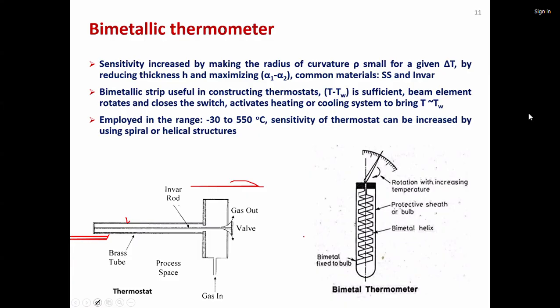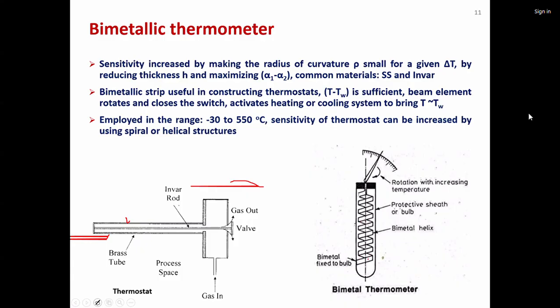One way to increase sensitivity is that instead of using a straight tube, you use a helical tube. One advantage of a helical tube is that with a very small change in temperature, each segment of the length of this rod is going to expand, because a long rod can be effectively squeezed over a shorter length by using this helical structure.